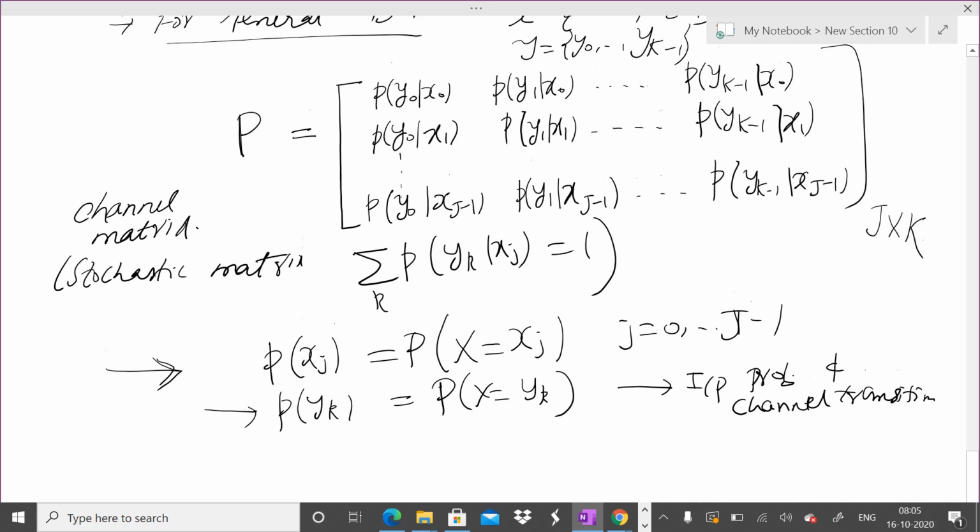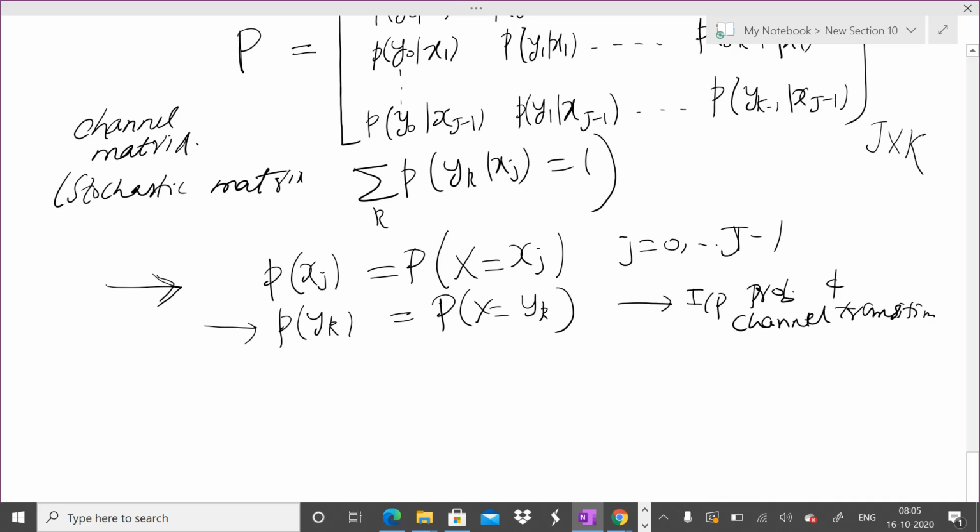Now for that we note one thing, that probability of yk we can get from the joint probability of xj and yk. This is a joint PMF. How do we get the marginal out of the joint?